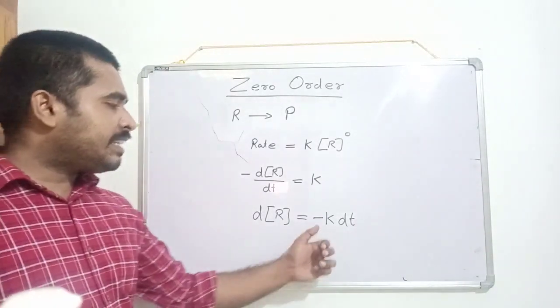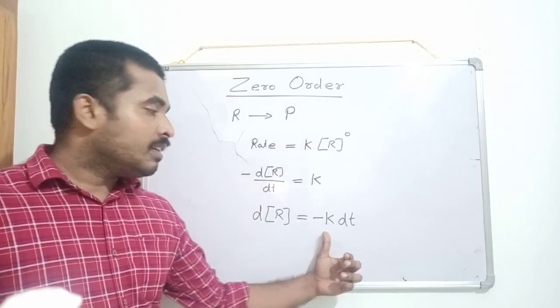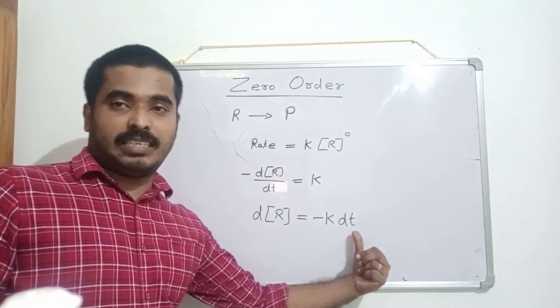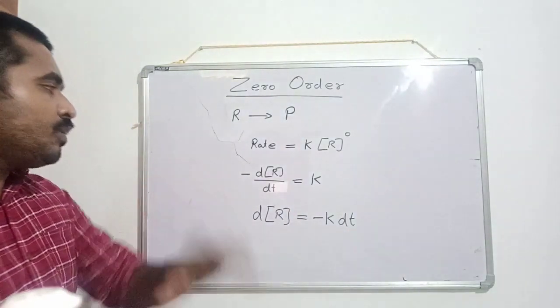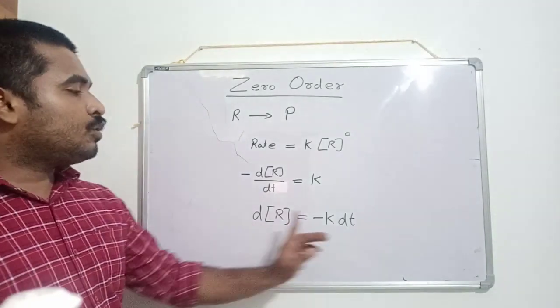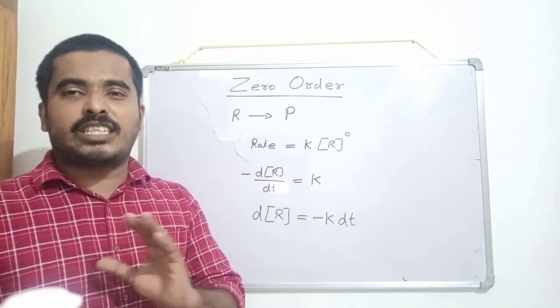Always let the negative move to the right side. Always let k stay with the dt. These two things you remember. Let d[R] be alone: d[R] equals minus k dt. We are all set for integrating.